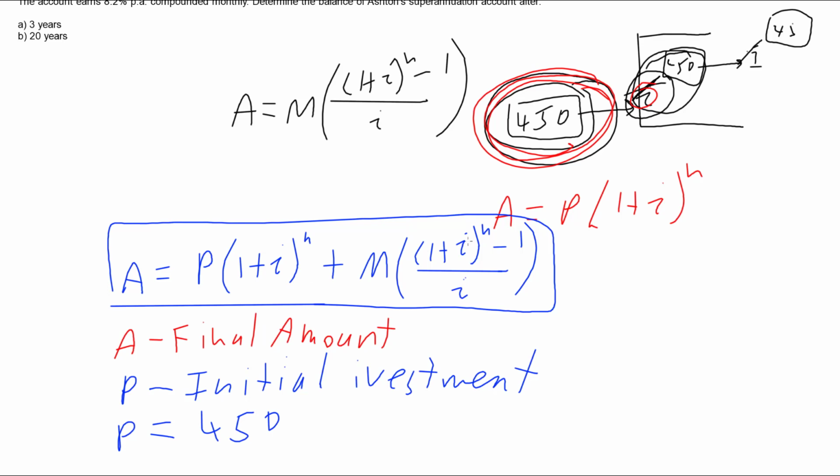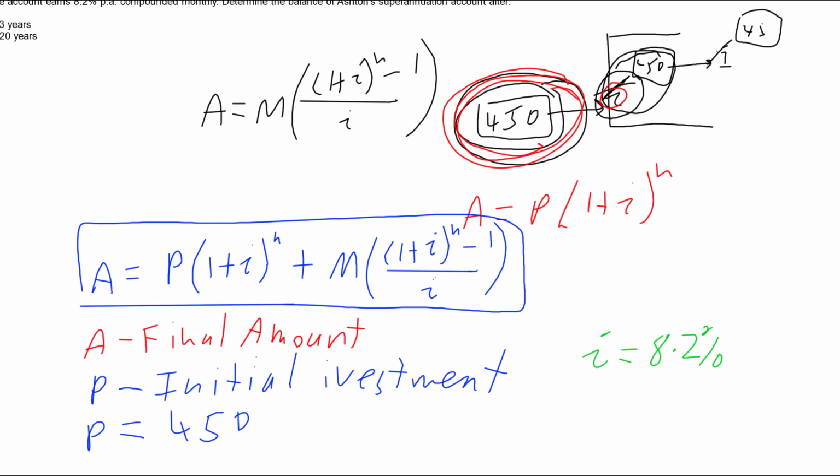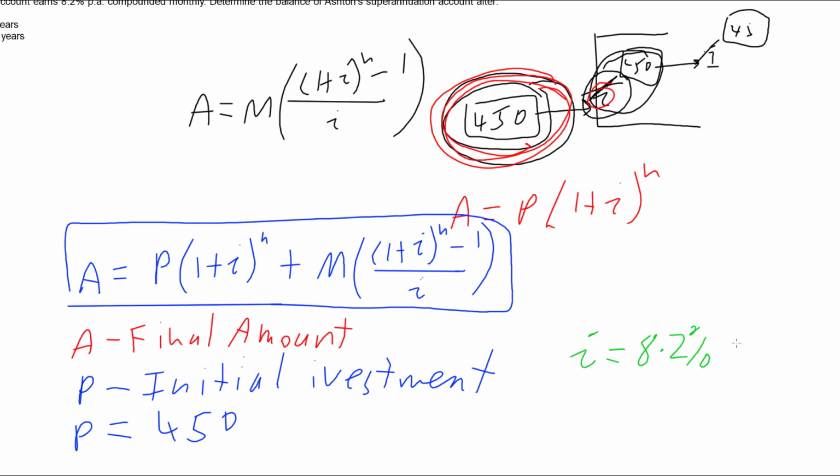I, which turns up a couple of times in this rule, is of course our interest. Our interest in this question is 8.2, but that's a percentage, and we need it as a decimal, so we're going to divide it by 100 to turn it into a decimal, and divide it by 12 because we're compounding monthly and there's 12 months in a year.